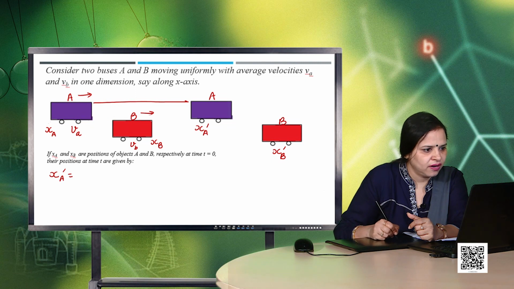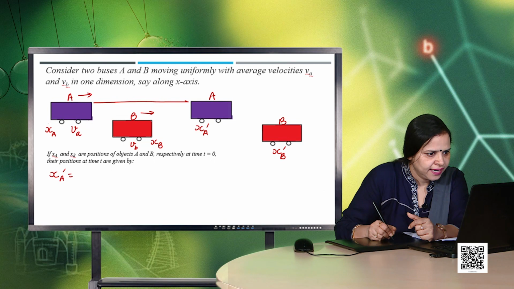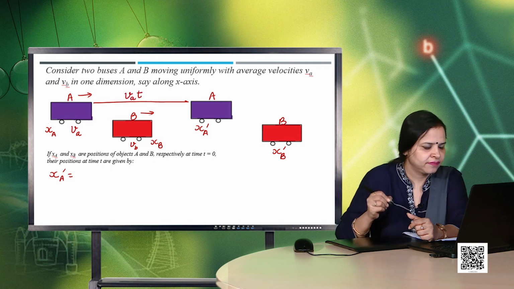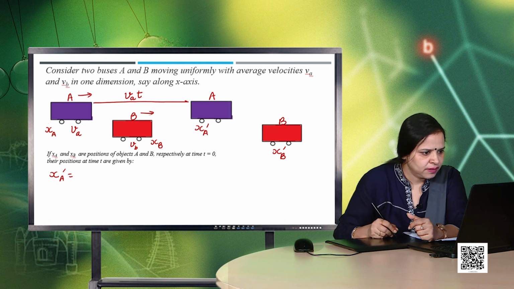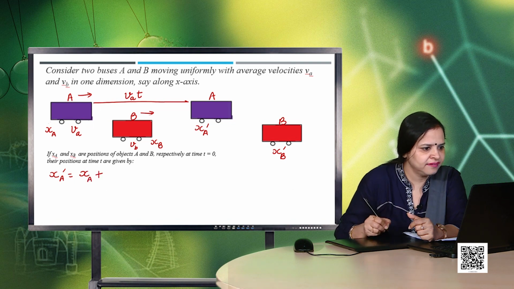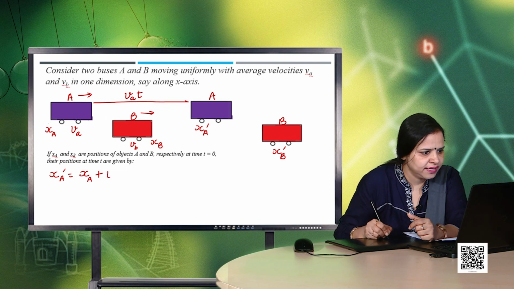As we know, the velocity of bus A is VA, so in time t it travels a distance of VA times t. So the position of bus A after time t can be represented as XA dash equals XA, that is the original position, plus the distance travelled in time t, that is VA t. Let this be equation 1.